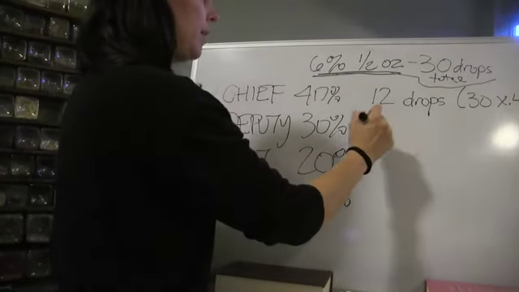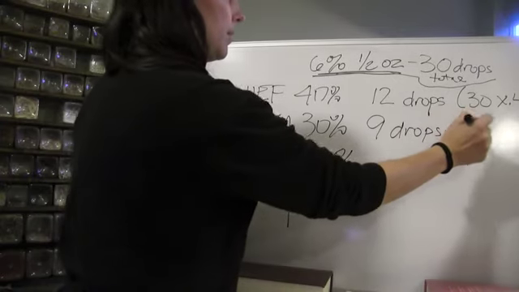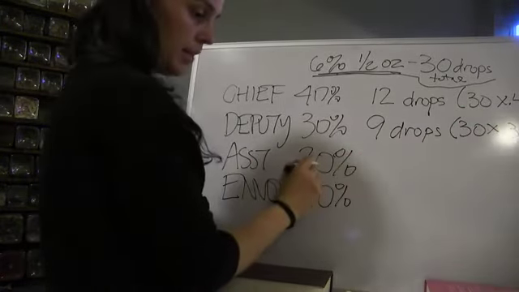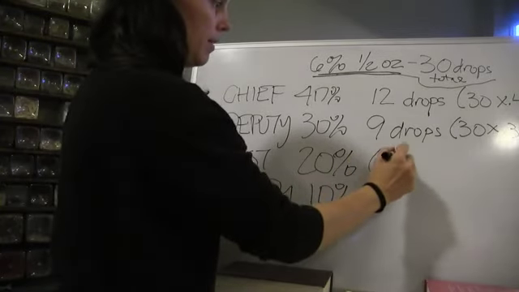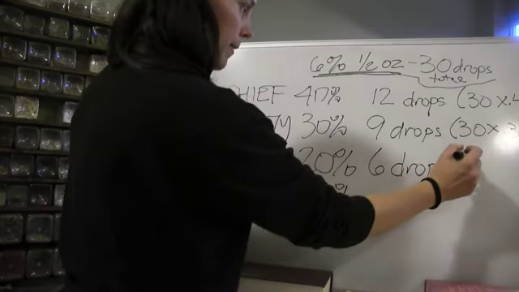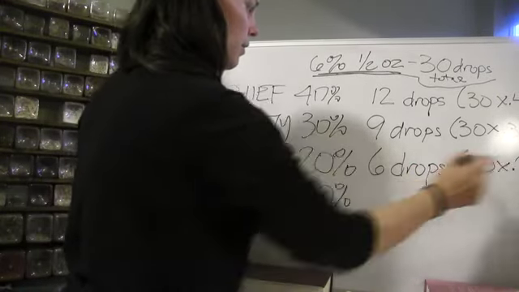And then for the deputy, we've got 9 drops, that's 30 times 0.3. For the assistant, we've got 6 drops of your assistant's essential oil, that's 30 times 0.2.